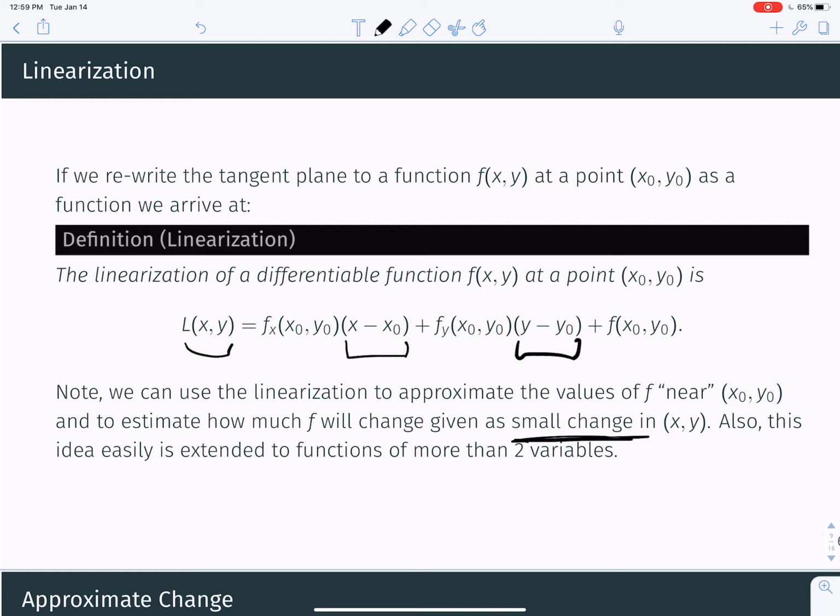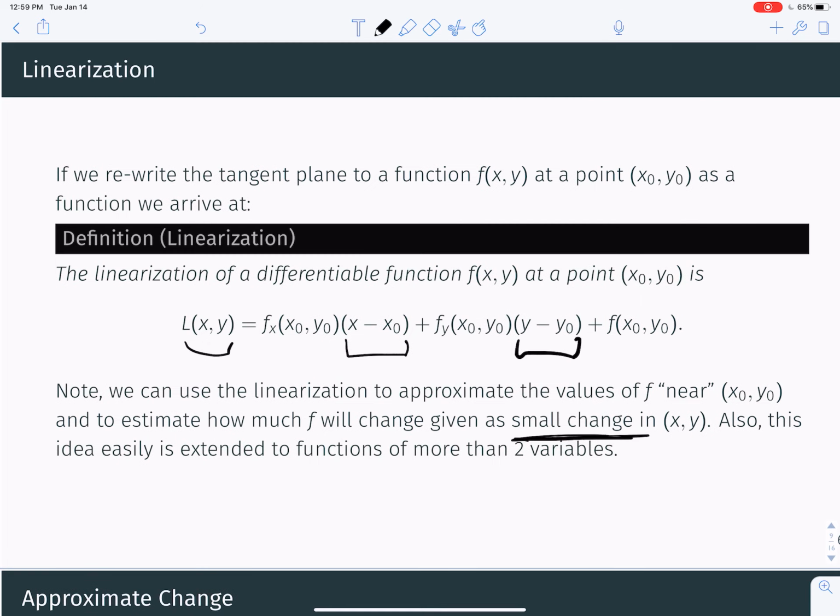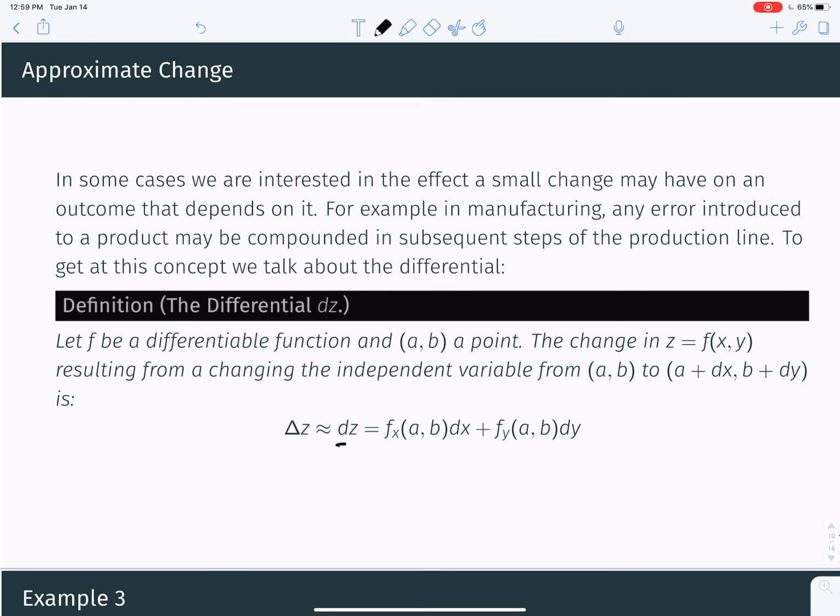That's kind of the way to think about this. So let me back up, we talked about the dx here and the dy here before, and how much does something change? Well, we call that dz. So dz is how much it changed.